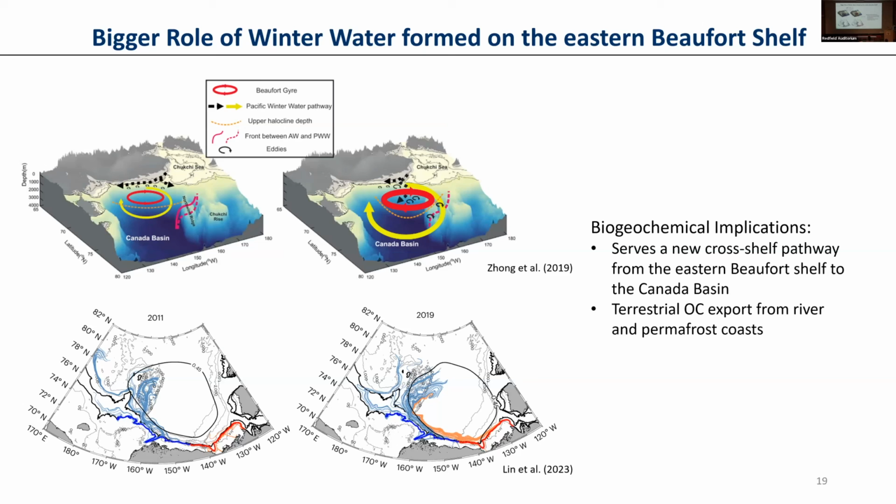When the center of the gyre shifts from the south north to the east south, they found the winter water formed at the eastern Beaufort Sea shelf can make a contribution to the winter water in the Canada Basin, and the organic carbon delivered from the land can go this way into the Canada Basin. Okay, that's all I want to cover. Thank you.